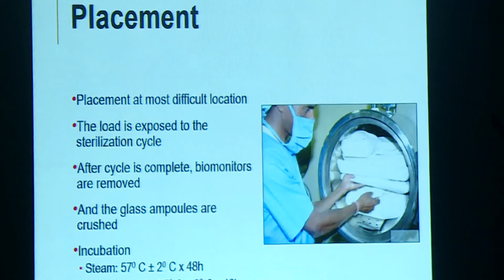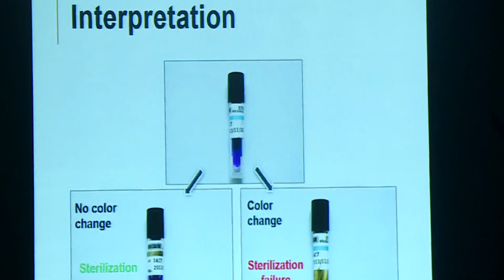They have different incubation periods, and that is in the insert that comes with these indicators. And how do you interpret it? The moment you run it through the cycle, you squeeze the ampule, so the spores within the glass ampule, submersed in the media, get crushed and released, and then they are incubated.